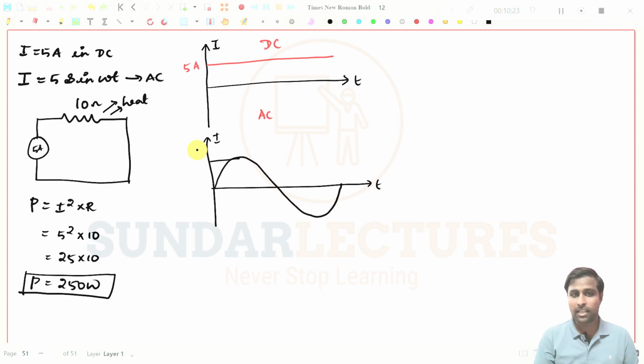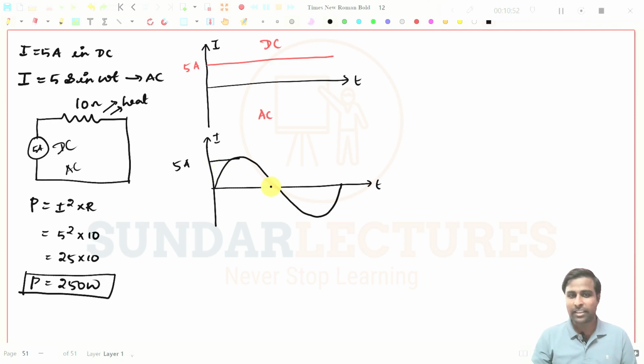So this is nothing but 5 amperes. Now it is very easy to ask a question: if I am giving AC here, 5 sine omega t, through this resistor, at this instant it is not getting the full 5 amperes.